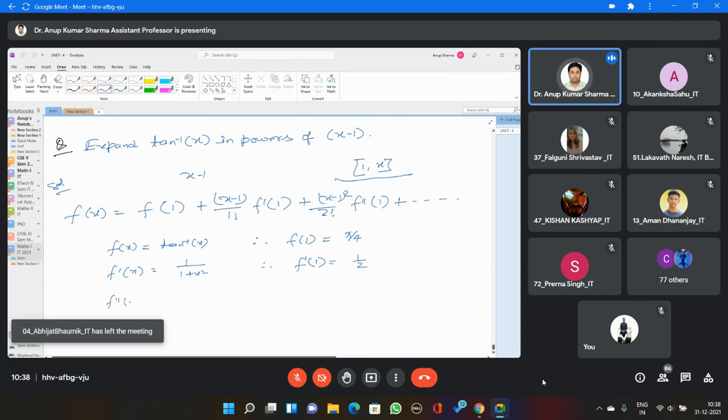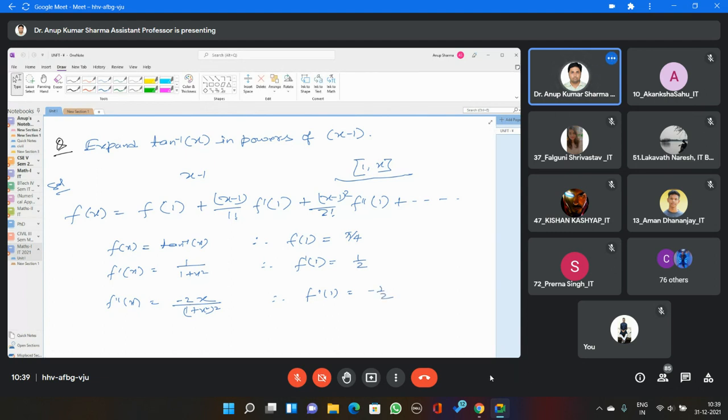Similarly, f double dash of x is equal to minus 2x upon (1 plus x squared) whole squared. Therefore f double dash of 1 is equal to minus half, taking the values.